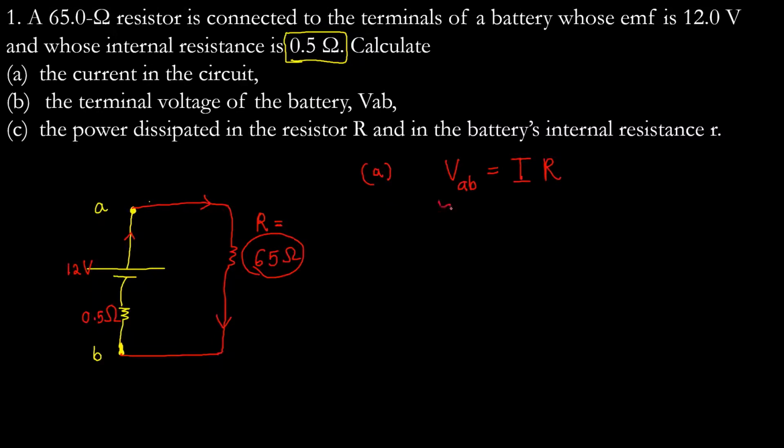And VAB, as we just learned, is also given by the EMF minus current times the internal resistance.